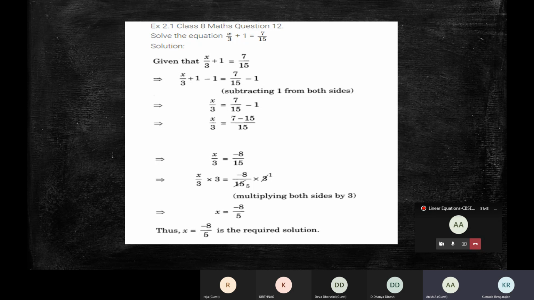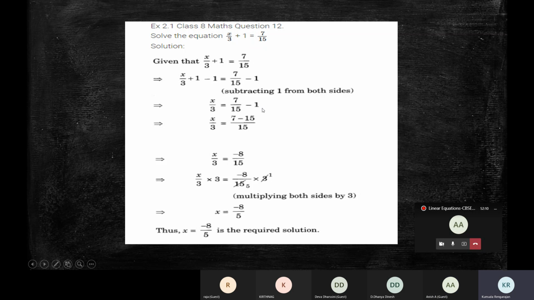How will you do that? Tell me from here, 7 by 15 minus 1, what will you do after this? After this, we should subtract 7 minus 15 by 15.